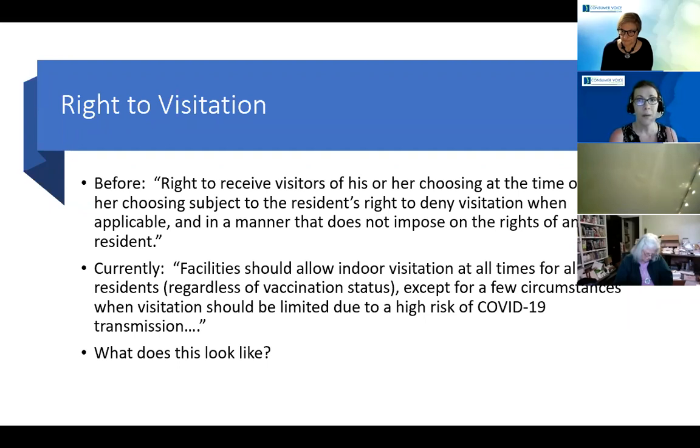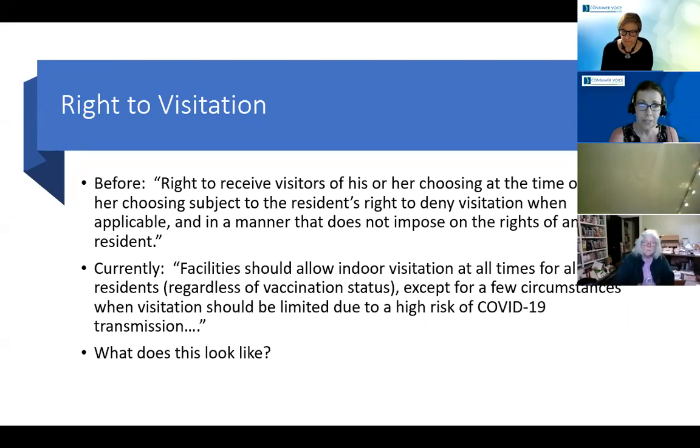So things opened up a little bit in September of 2020, and then a bit more recently in March of 2021. And we're now at the point where CMS has said that facilities should allow indoor visitation at all times for all residents, with a few narrow exceptions.